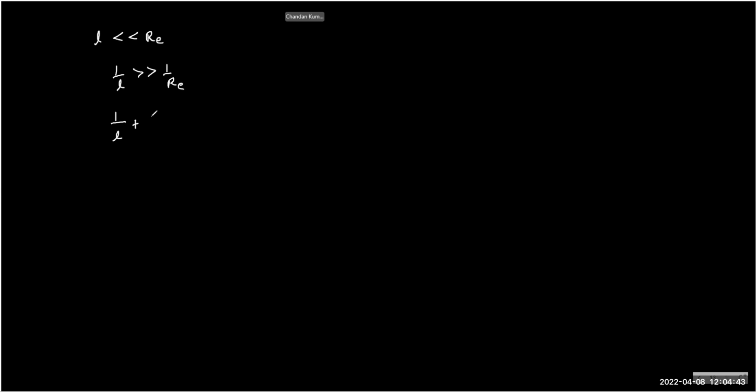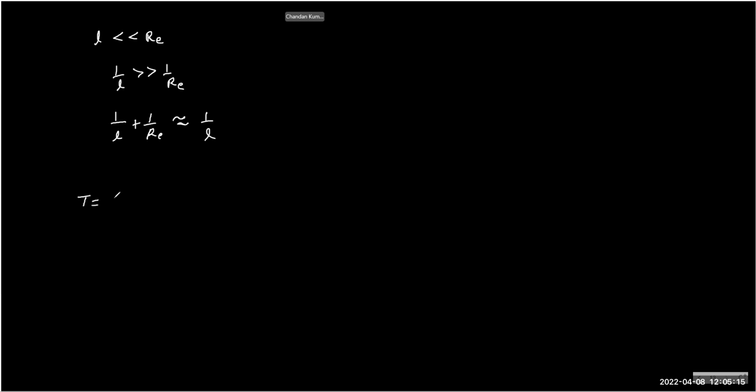So 1 by L plus 1 by R_E is roughly equal to what? If I add these two values, can we approximate it by 1 by L? If 1 by L is much bigger than 1 by R_E, then we can call the sum 1 by L only. Yes.